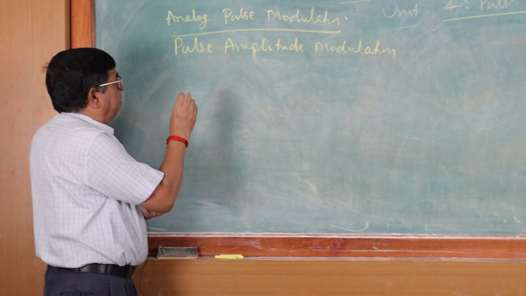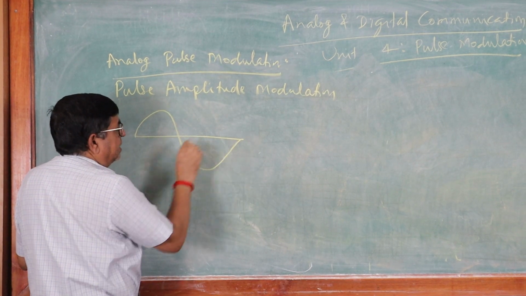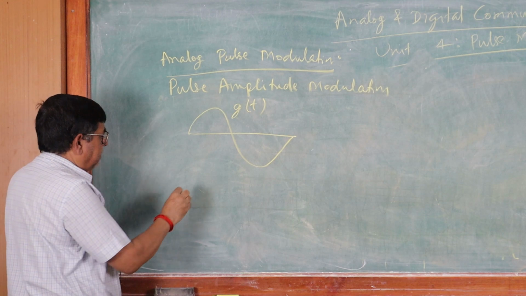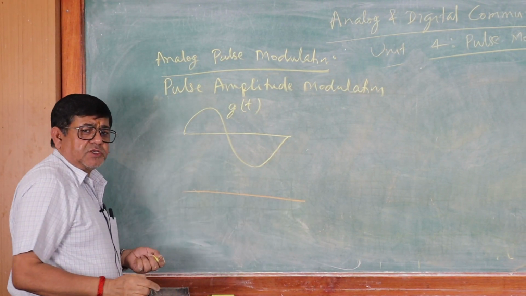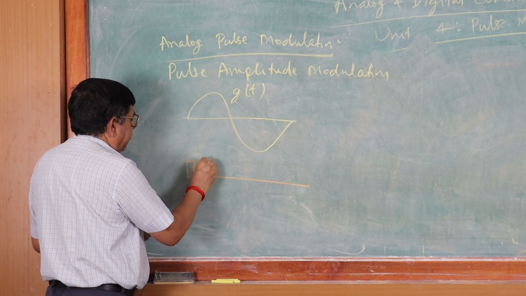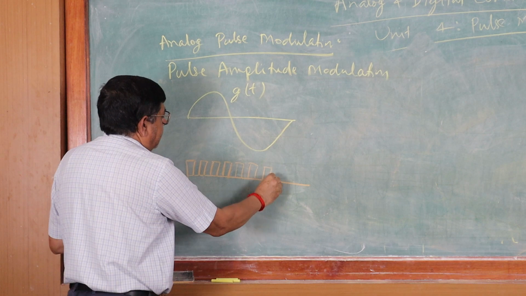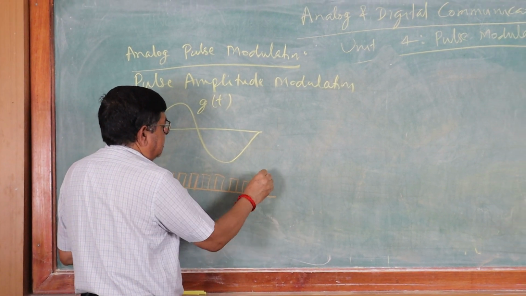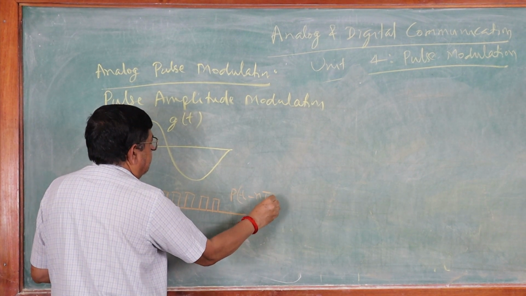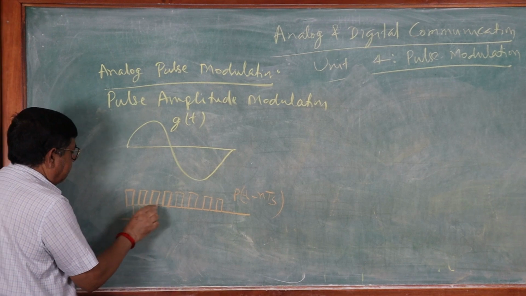Okay, see, in pulse amplitude modulation we are taking a signal. Let us say this is your continuous time signal g(t). Then, in place of a continuous high frequency carrier signal, we are taking a pulse train. If I write p as pulse, this is nothing but p(t - nTs), where Ts is the time duration between two pulses.